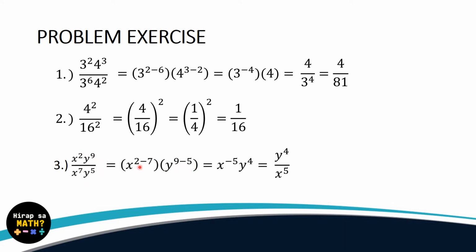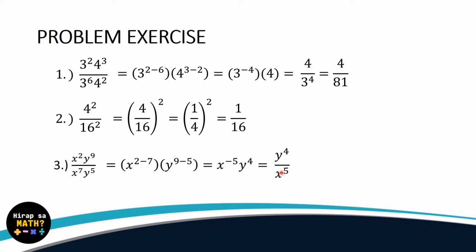So, 2 minus 7, x to the negative 5 yon. And then 9 minus 5, that's positive 4. Again, sa negative rule of exponent, pareho lang ng problem number 1. Ibababa natin siya or ilalagay natin sa denominator, then magiging positive ang exponent.